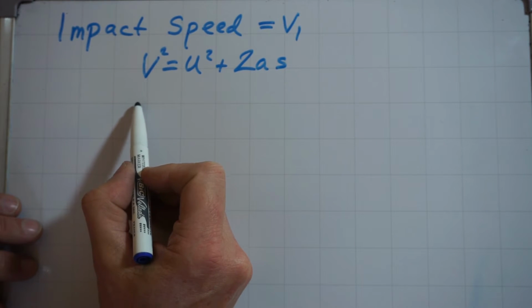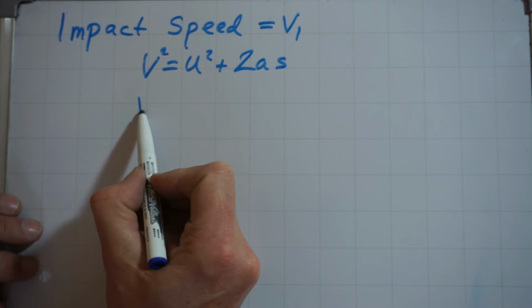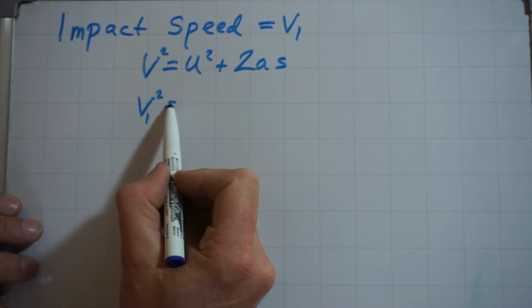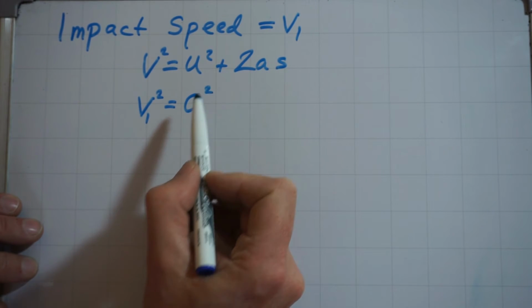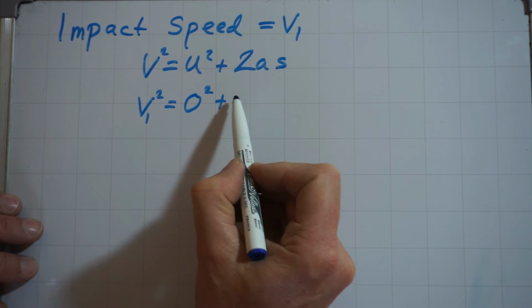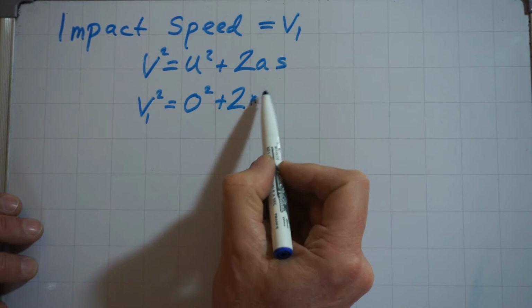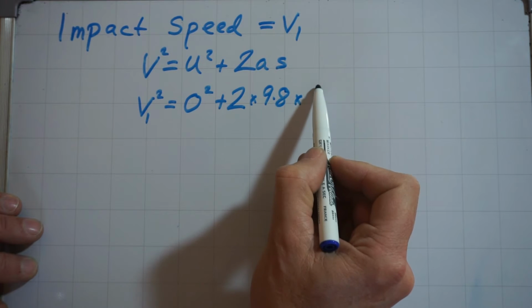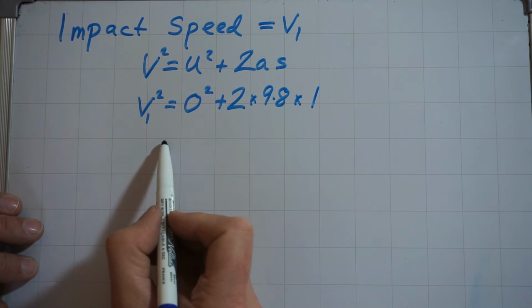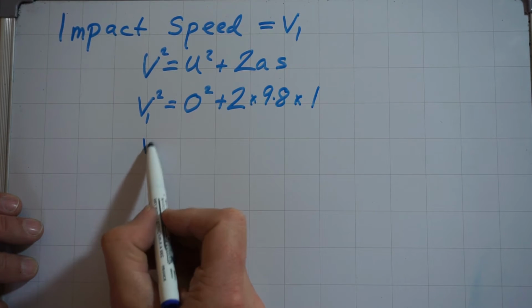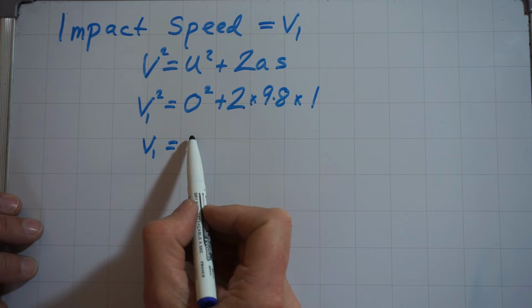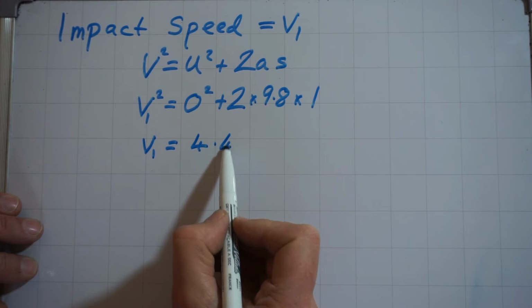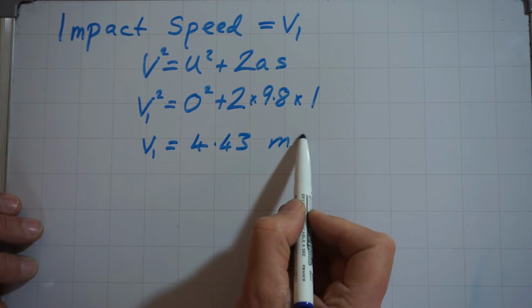In this case, V1 is the value of v, this is what we're trying to find. U will be 0 because the ball is dropped from rest. A will be 9.8 because the ball is falling under gravity, and S will be the distance of 1 metre. That gives us V1 equal to 4.43 metres per second.